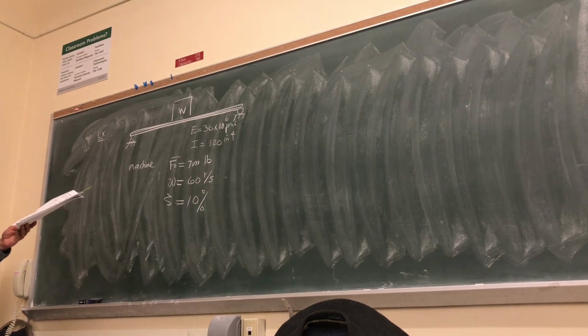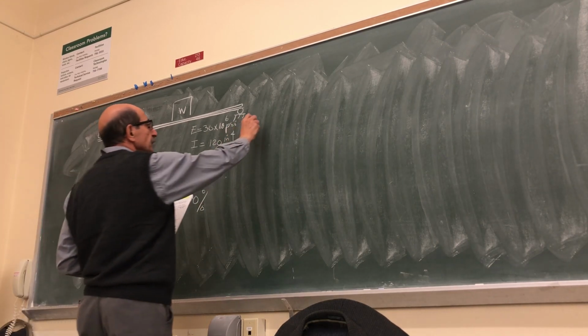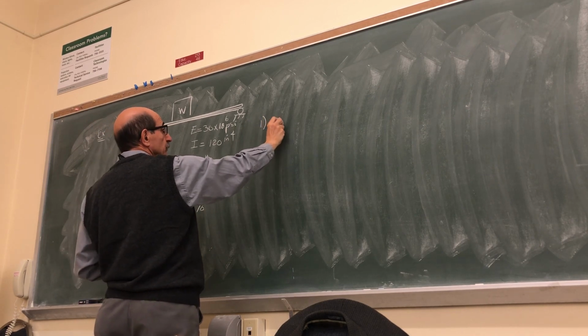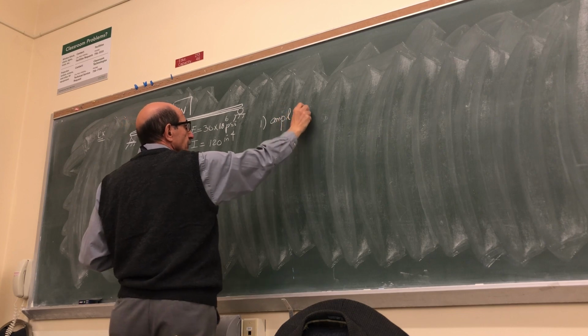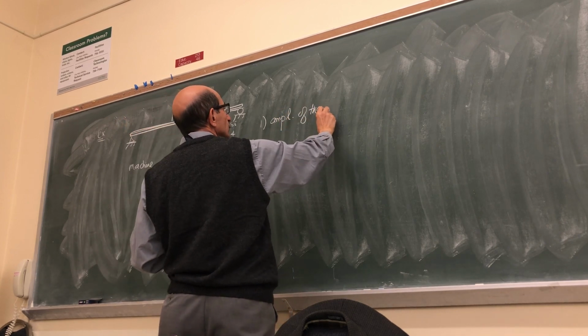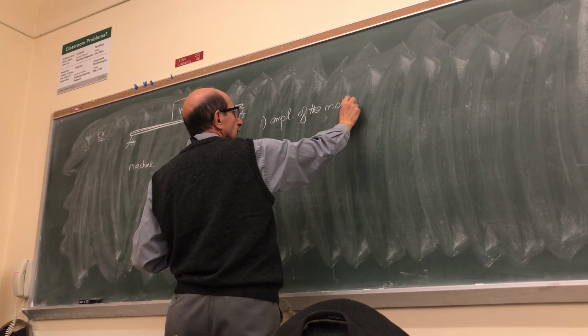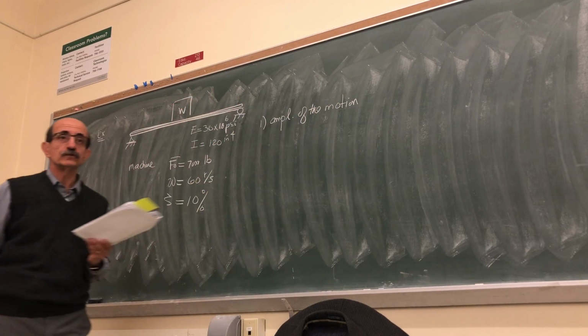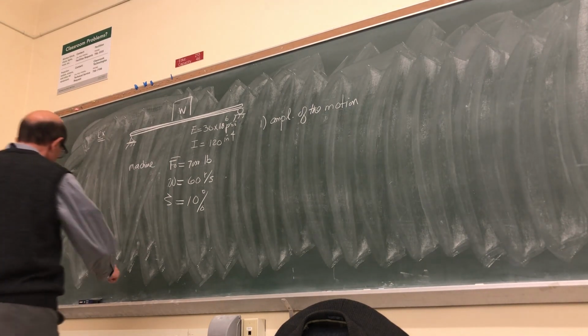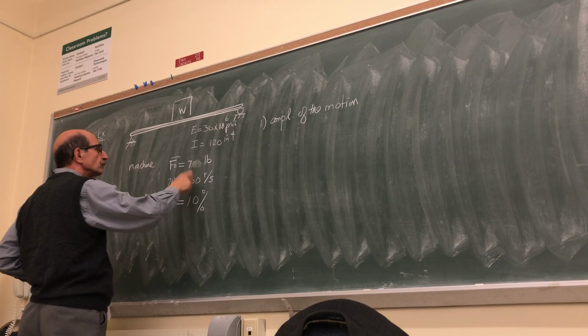What we want to find is, first, the amplitude, or the maximum displacement of the motion caused by this rotating machinery. Yes, F naught is 7,000 or 700? 7,000. I should have done a better job.